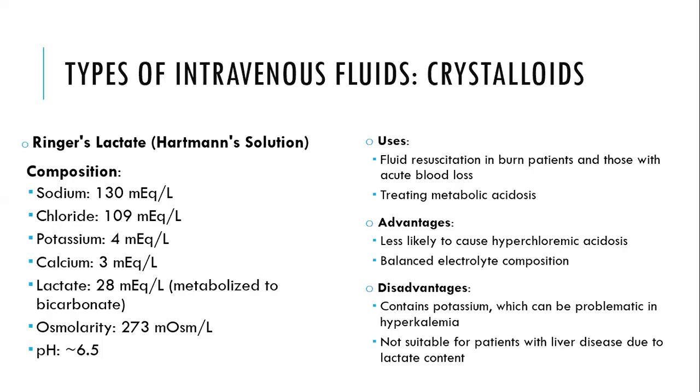It can also be used to treat metabolic acidosis because of the presence of lactate, which is metabolized to bicarbonate. However, like I mentioned before, it's not suitable for diluting blood products because of the presence of calcium, and the potassium may also be problematic because it can cause hyperkalemia if it's used in large volumes.